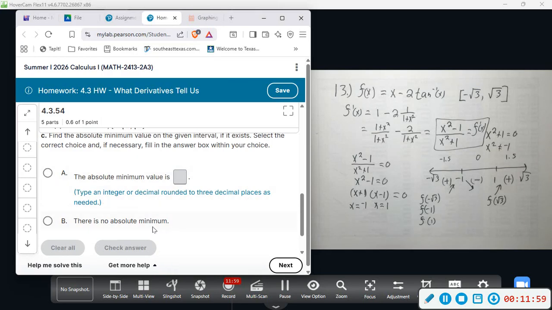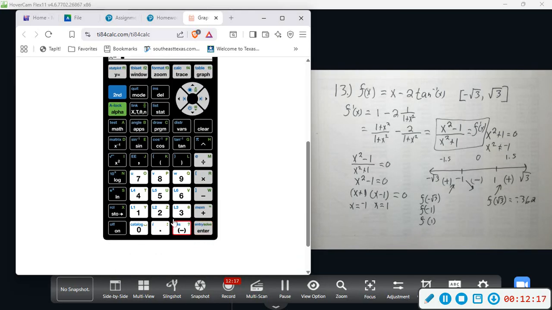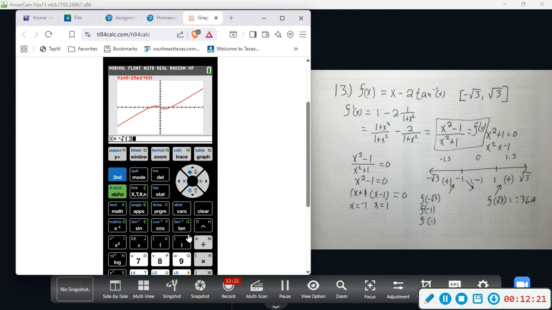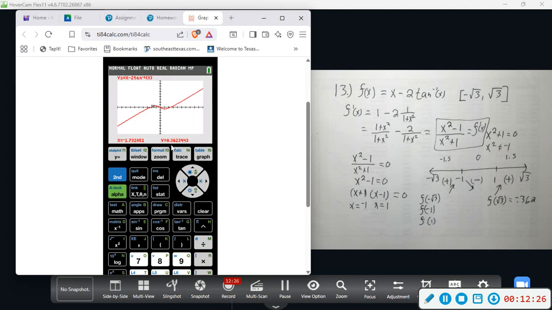Okay, so they'll take an integer decimal. 3 places, negative 0.362. We're going to do negative square root of 3. Same thing, 0.362. Nope, that's not negative, it's positive this time.